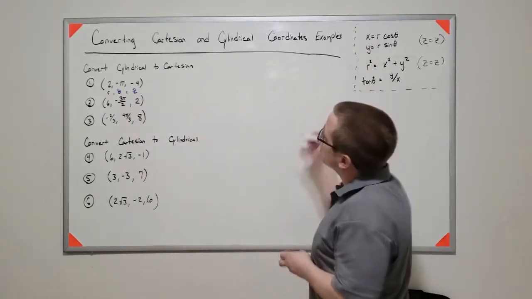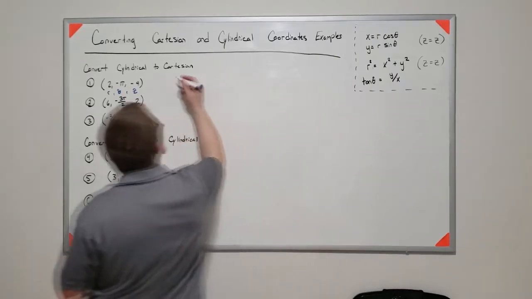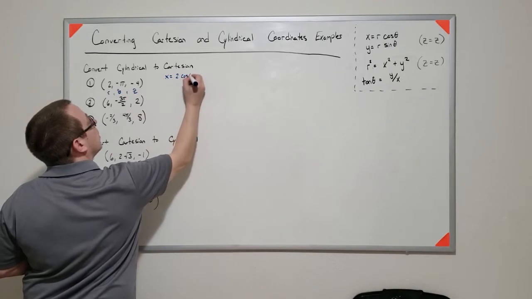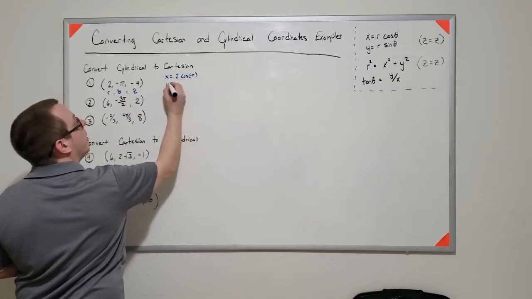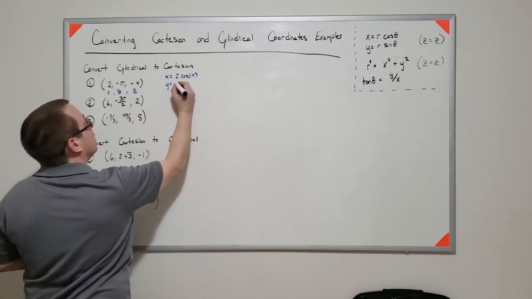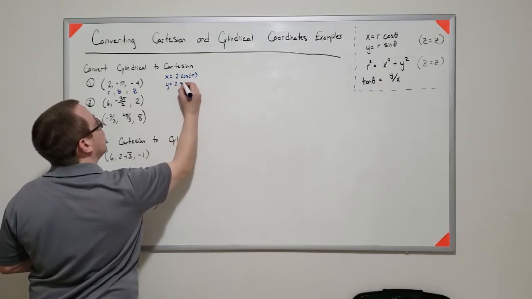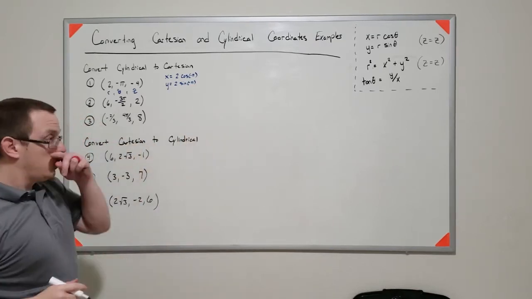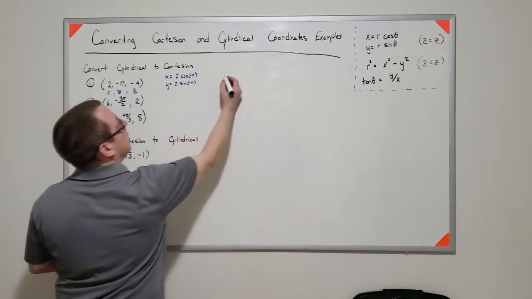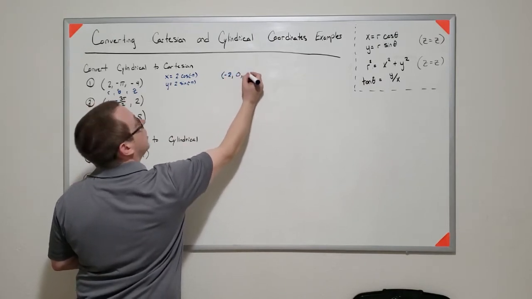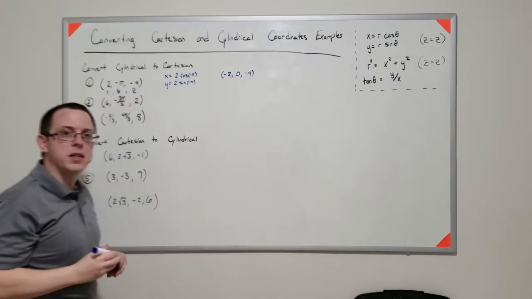So x is r cosine theta, and y is r sine of theta. So then our coordinate is -2, 0, and -4. Remember, z stays the same.